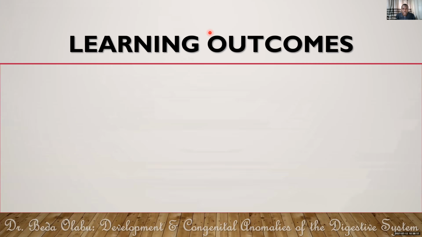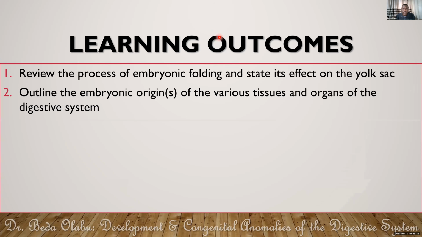The intention of this lecture is to first help us relook into the process of embryonic folding and state the effect that has on the yolk sac. I hope you do remember what the yolk sac was, and how the embryo folds.